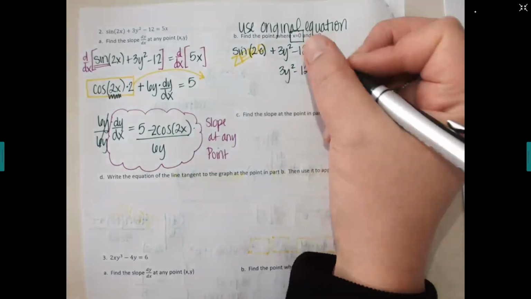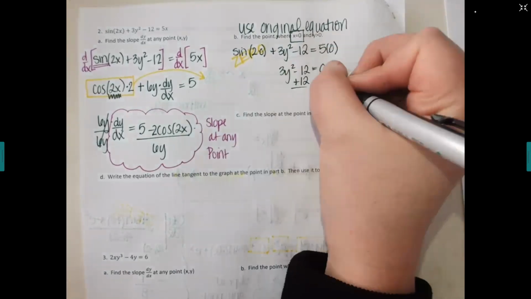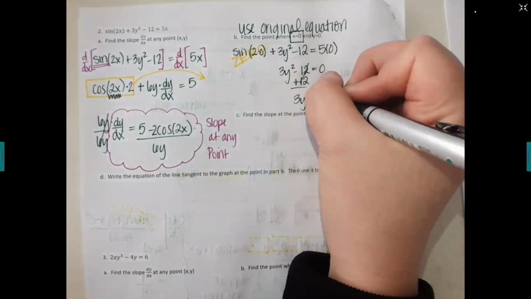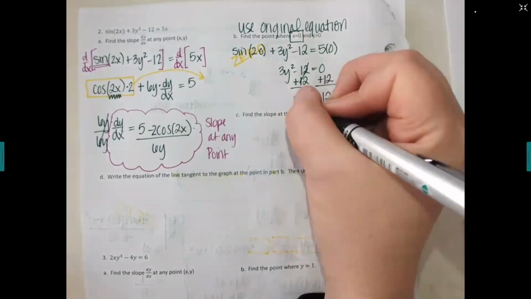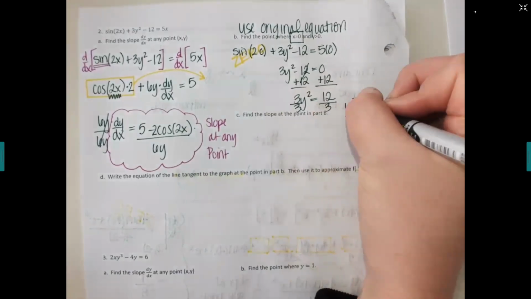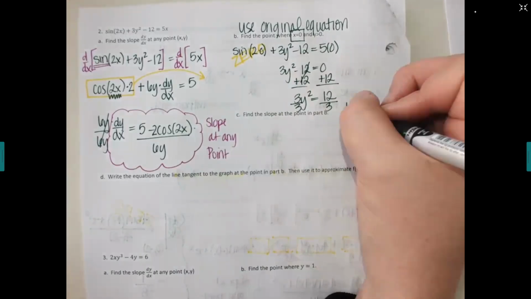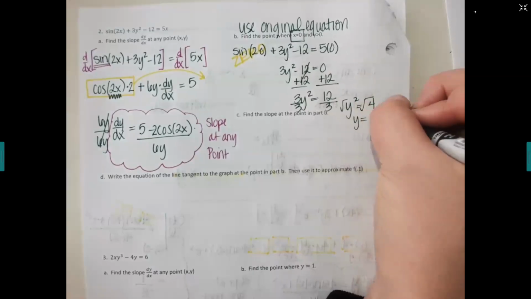What are we going to end up getting? Good, kind of. So 3y squared is 12. Divide by 3. What am I going to get? y squared equals 4. Then why did I say kind of on 2? Plus minus. Very good. Okay, so I have that y equals plus or minus 2.